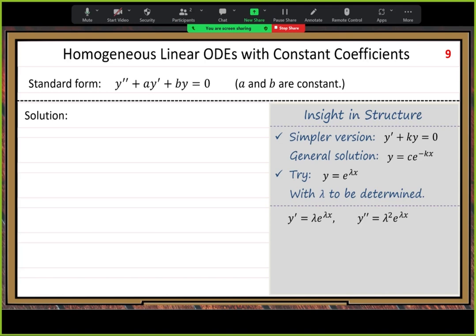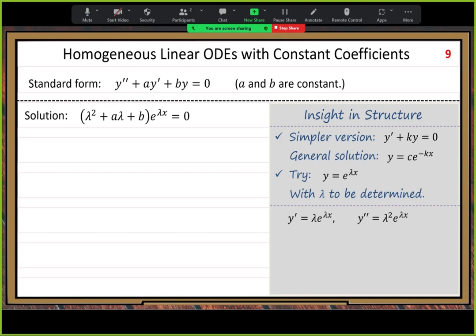Plugging back into the given equation, we can factor the common factor e out. So inside the parenthesis, we get an algebraic equation: lambda squared plus a lambda plus b. So you can see the new equation has no differential, no derivative. It's an algebraic equation.